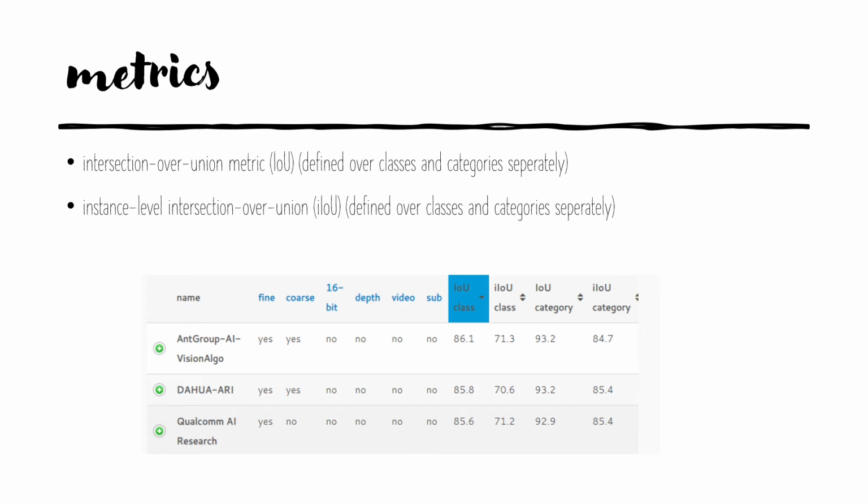As classes with larger segments will have larger effects on the intersection over union score, one popular dataset, Cityscapes, also reports the instance-level intersection over union metric, which weights the contribution of each true positive and false negative pixel by the ratio of the average instance size of the respective class with respect to the respective ground truth instance size. These two metrics are used for two challenges, for classes and categories. The top 3 groups based on the metrics for the Cityscapes dataset are given in the figure.